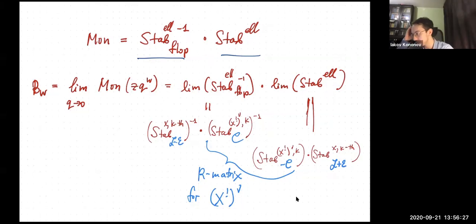And the other corresponds to the other one, where we have C instead of minus C because it is now the flop.